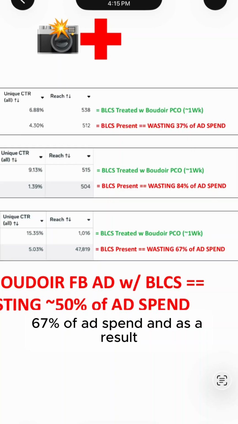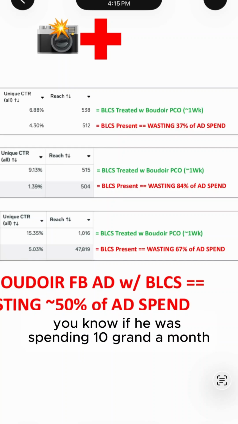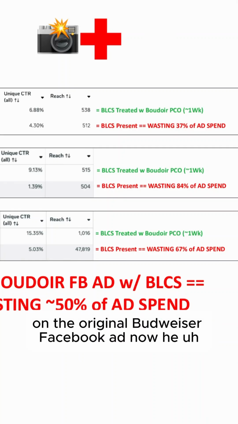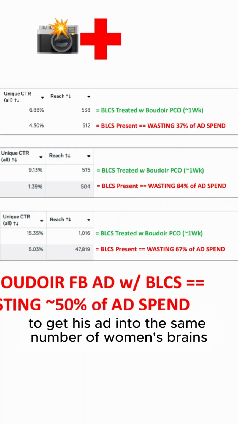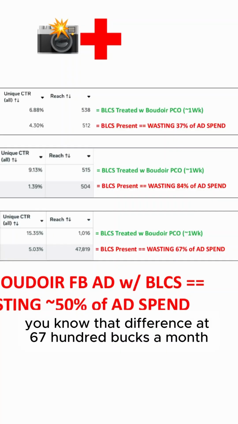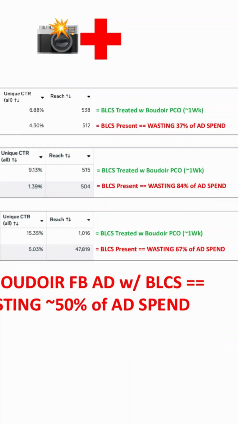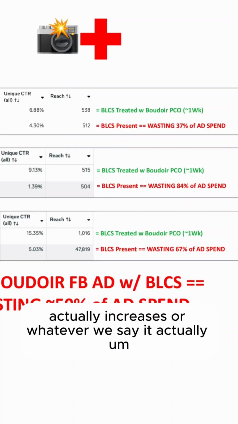And as a result, if he was spending 10 grand a month on the original Boudoir Facebook ad, now he only needs to spend $3,300 a month on the Boudoir Pico treated ad, to get his ad into the same number of women's brains. And that difference is $6,700 a month.